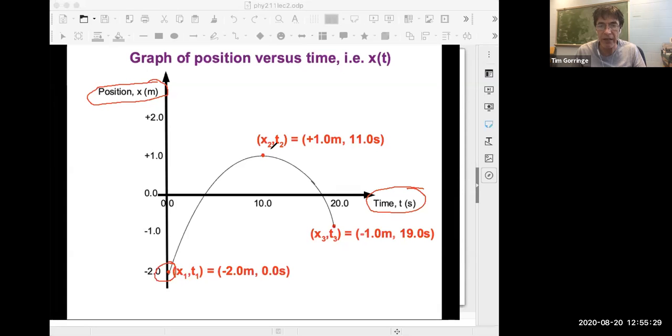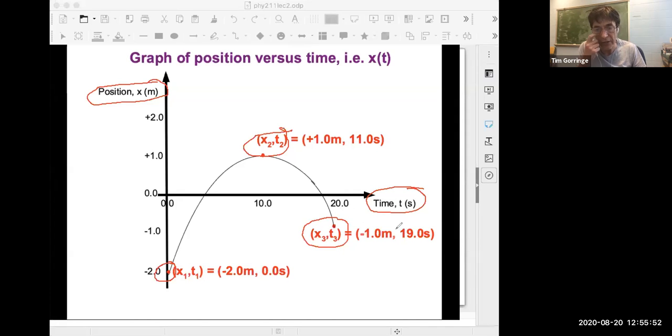And then here's the intermediate position where the cart got to the far right. It got there at 11 seconds, and the far right position was +1 meter. So that was that intermediate position. And then finally, here's the final position.